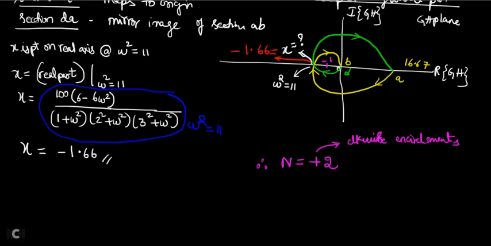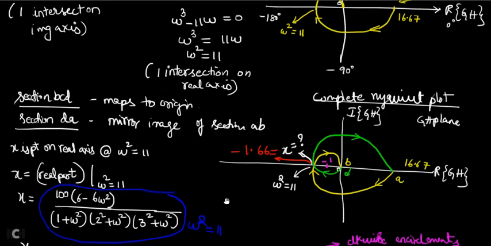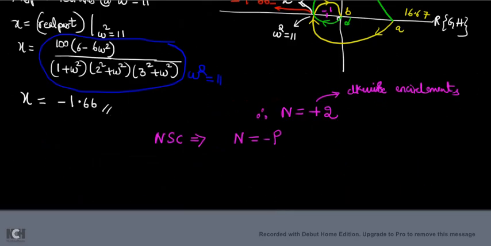What is the Nyquist stability criteria? It tells that capital N should be equal to minus P. Then only the system is stable. What is capital P from the first step? Capital P is present here. It is 0. Substitute that in the last step. Capital P is 0. But what is N? Plus 2. Is plus 2 equal to 0? No, it is not equal.